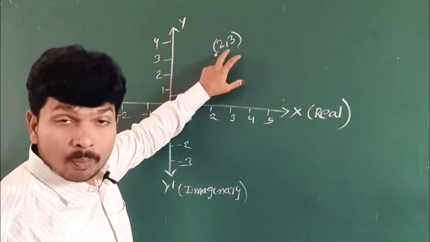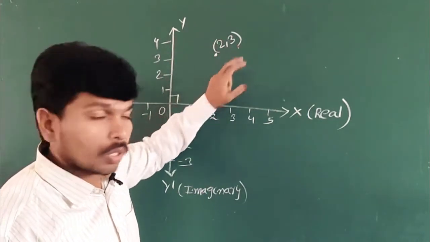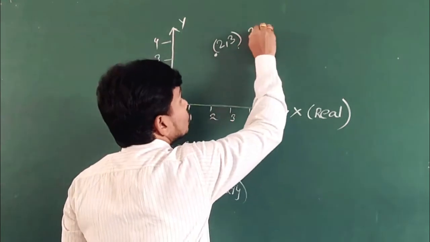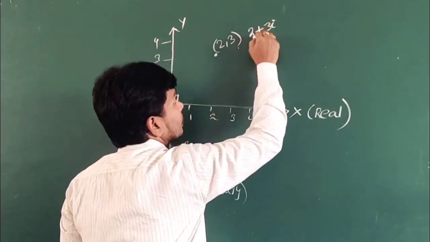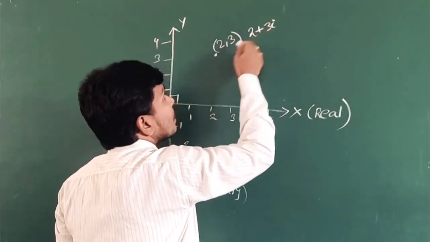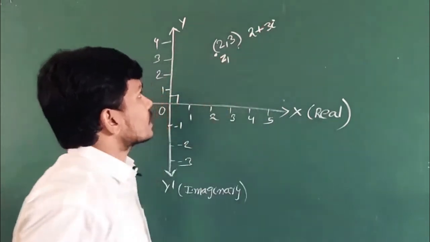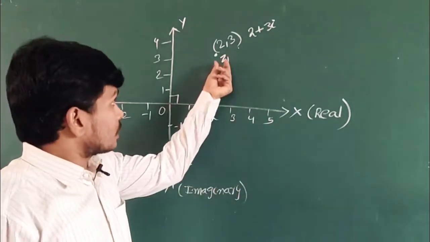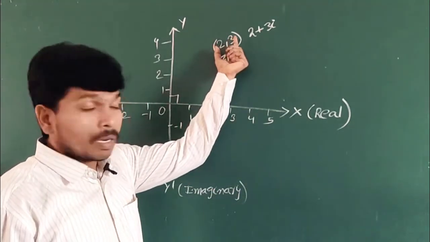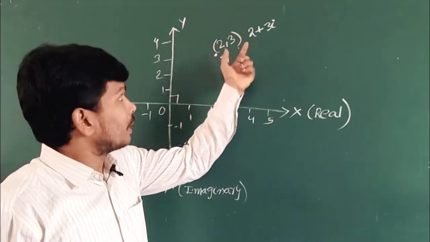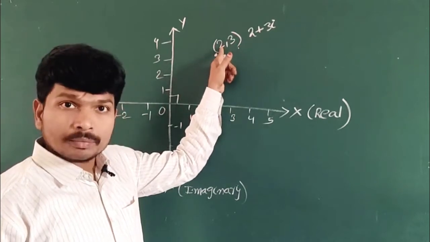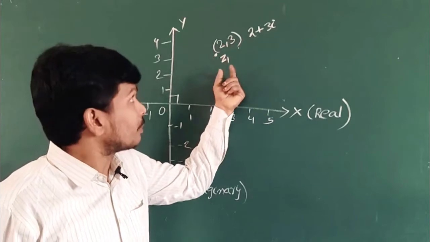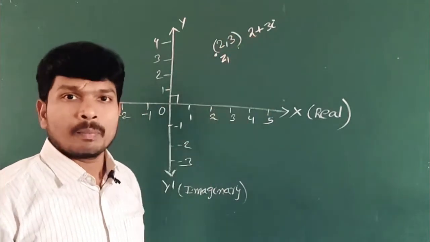If we write one point (2, 3) in the Argand plane, that indicates the complex number 2 plus 3i. Suppose it is denoted by z1. What is the meaning of writing the ordered pair (2, 3)? 2 is the real part, 3 is the imaginary part, and its complex number is 2 plus 3i.